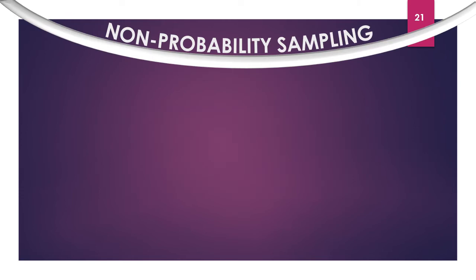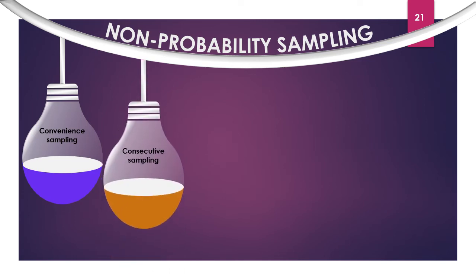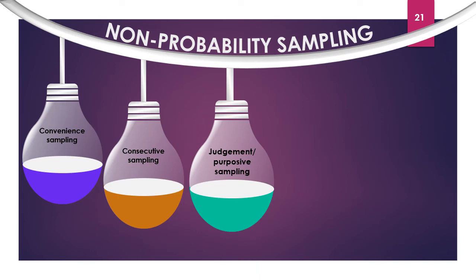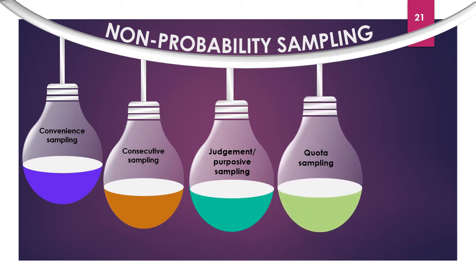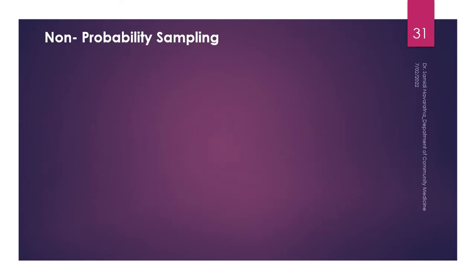The types of non-probability sampling are convenience sampling and consecutive sampling, judgment or purposive sampling, quota sampling, and snowball sampling. We'll take these methods one by one and discuss a bit.